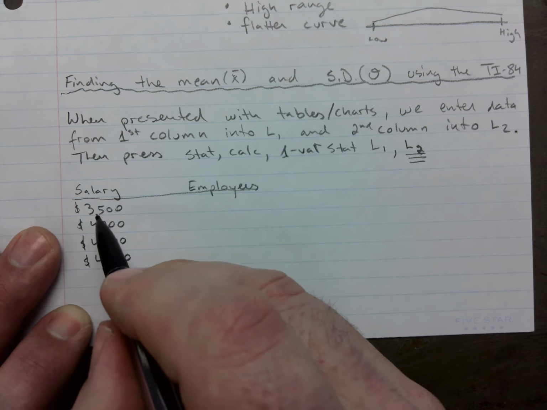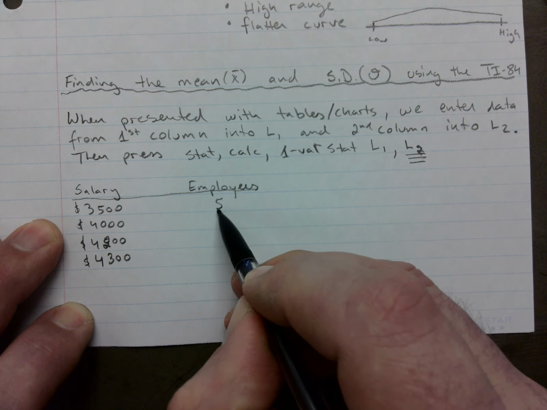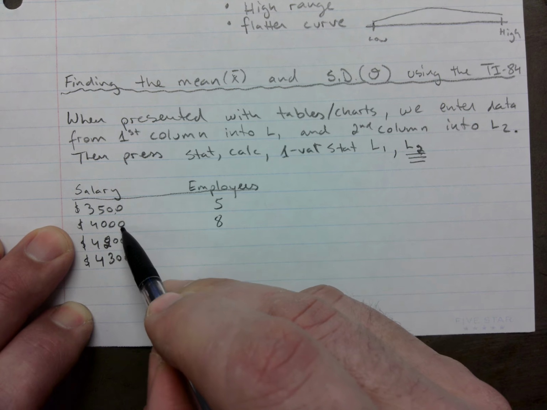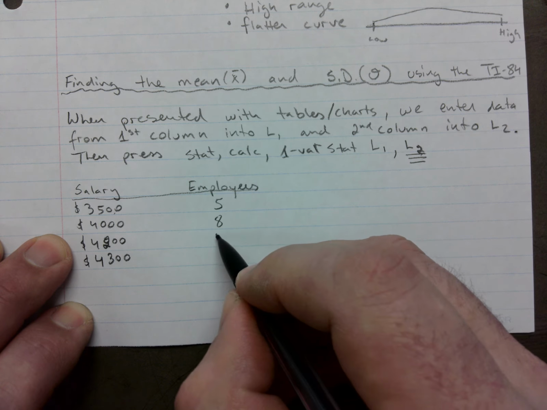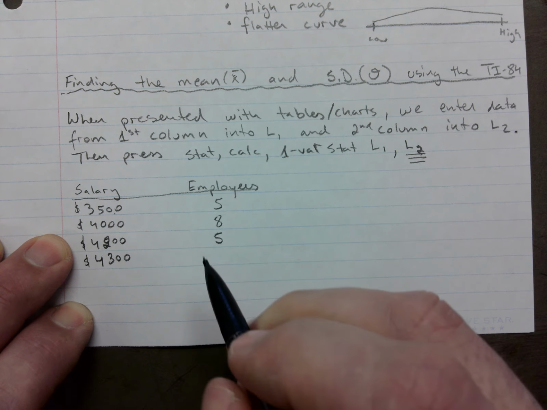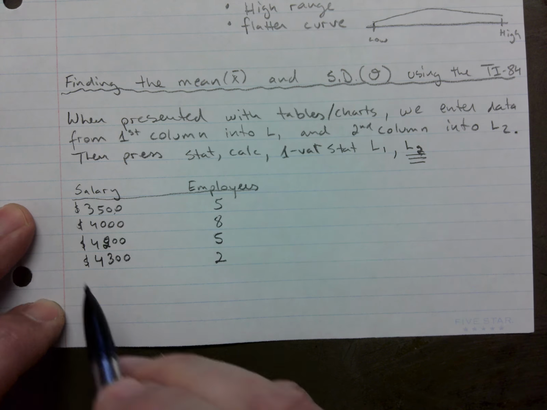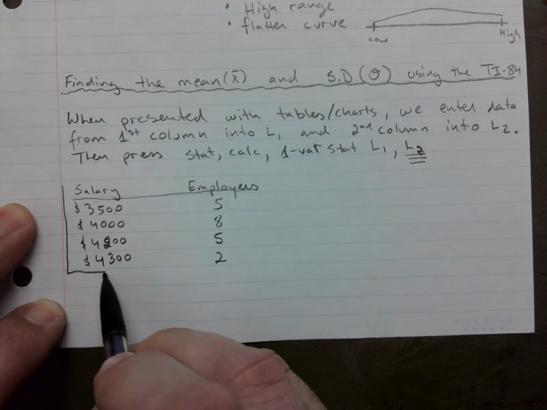So those are the salaries, and then you have 5 employees that make this much. You have 8 employees that make 4,000, 5 employees that make 4,200, and 2 employees that make 4,300 a month. Okay, that is your table.